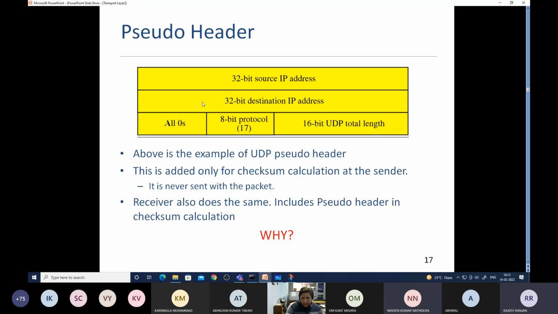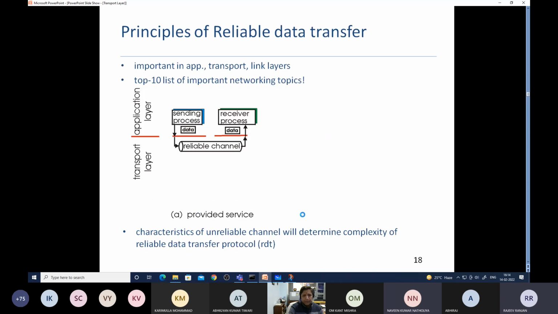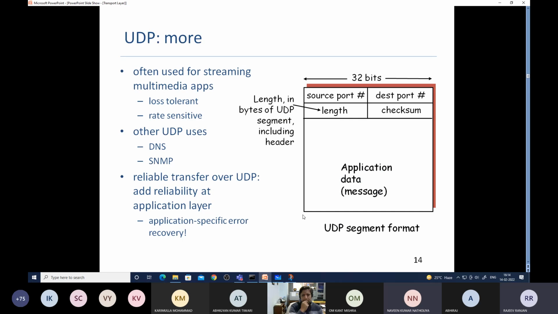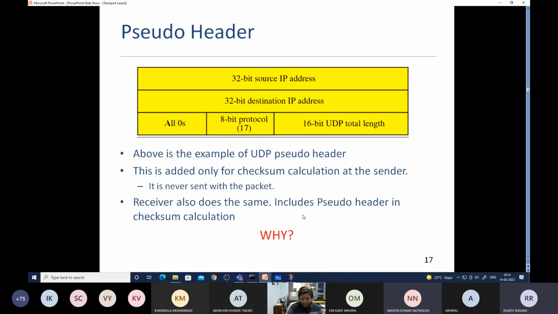These fields are included while calculating the checksum, and the receiver also includes the pseudo header fields in its checksum calculation. Why? That's the question. Why do we include these?